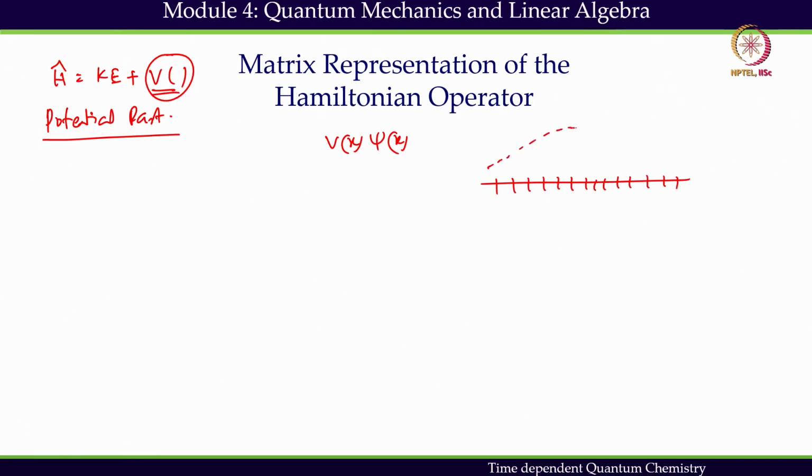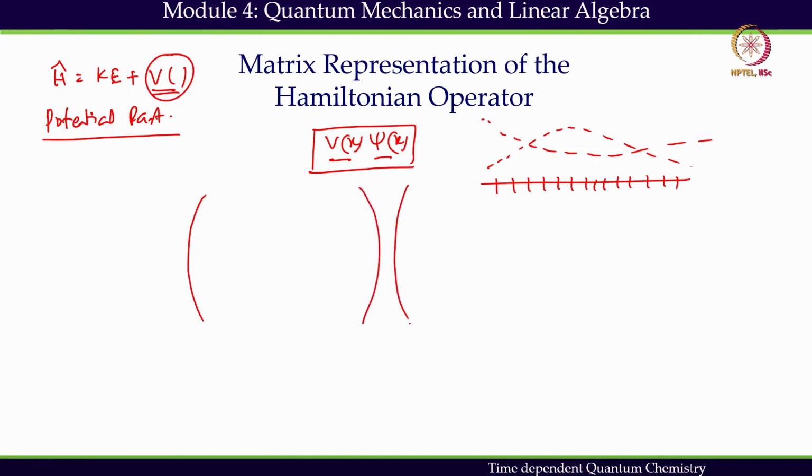Let's say this is psi, and V(x) has a form like this. If I multiply these two functions, this is scalar multiplication, which is nothing but the multiplication of individual elements of the respective matrix. So V can be represented diagonally because it is just a scalar multiplication.